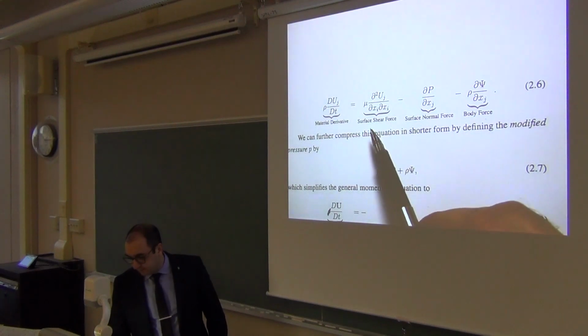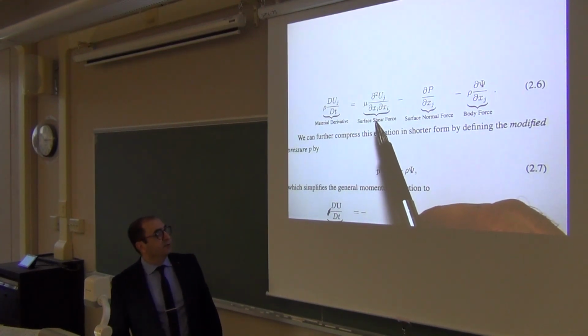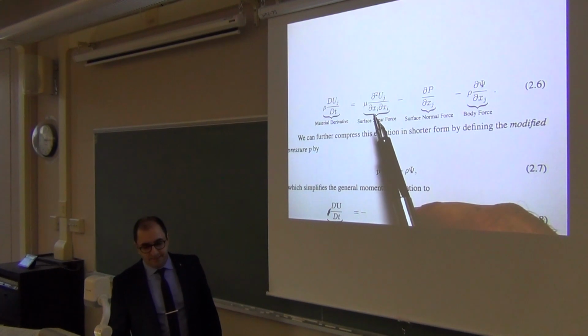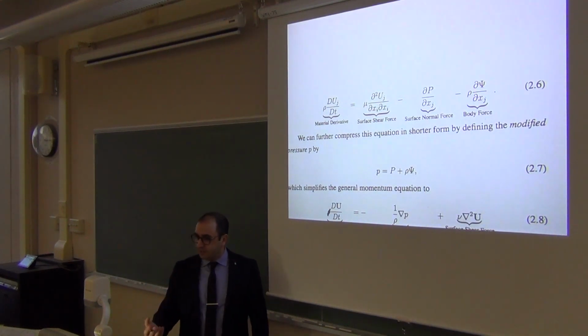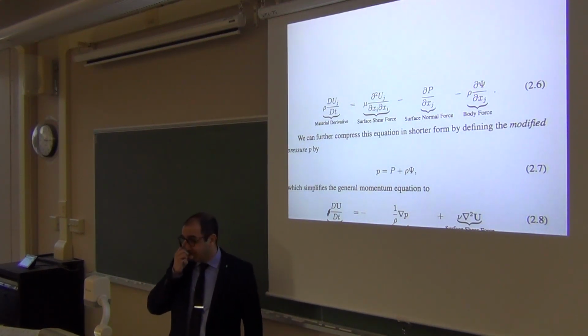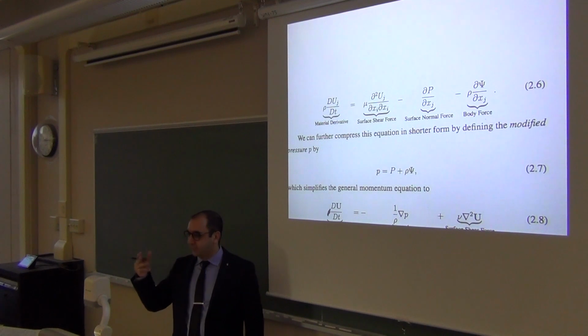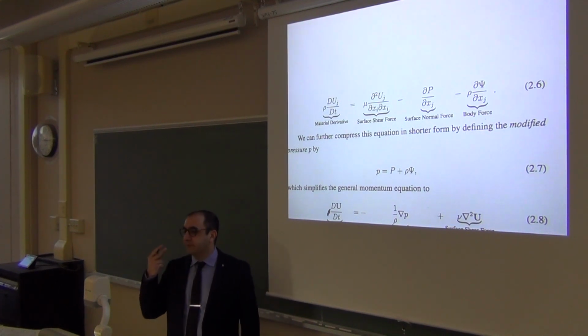Now you see I have a second derivative happening here. Well, why? Because in the equation in the first place, there was a spatial derivative of a stress tensor, but a stress tensor itself had a derivative of velocity in it. So the derivatives cascade down, and now we have a second derivative.